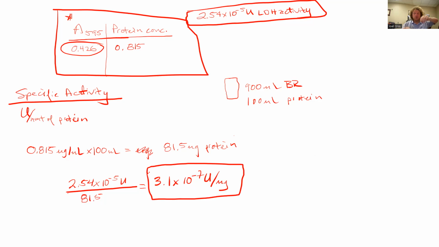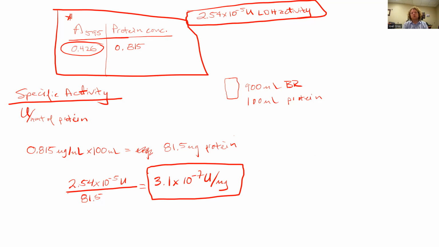So this gives us our specific activity. This is going to be used for comparison amongst all of your samples. Which one has the highest specific activity gives you more insight into which protein sample has the most lactate dehydrogenase.